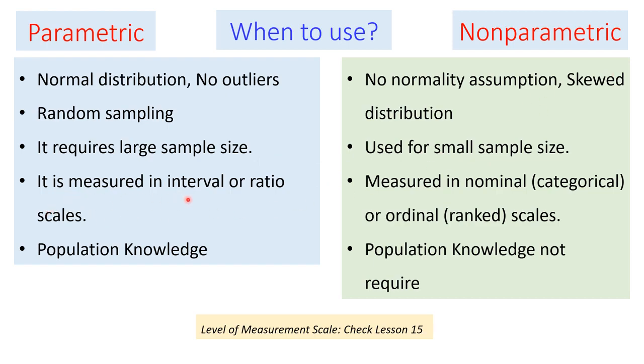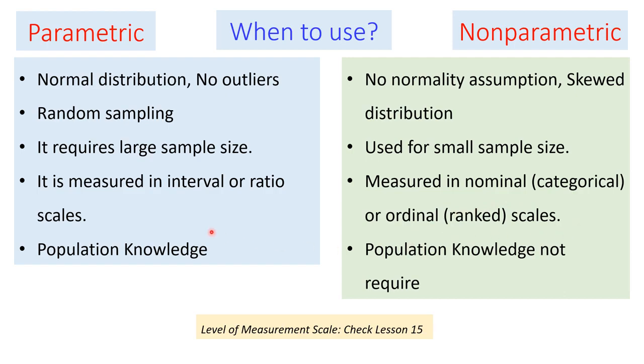And it is measured on an interval or ratio scale. In the case of parametric tests, the level of measurement scale is interval or ratio, whereas in the case of non-parametric tests, the level of measurement scale is nominal or categorical and ordinal or ranked scales.